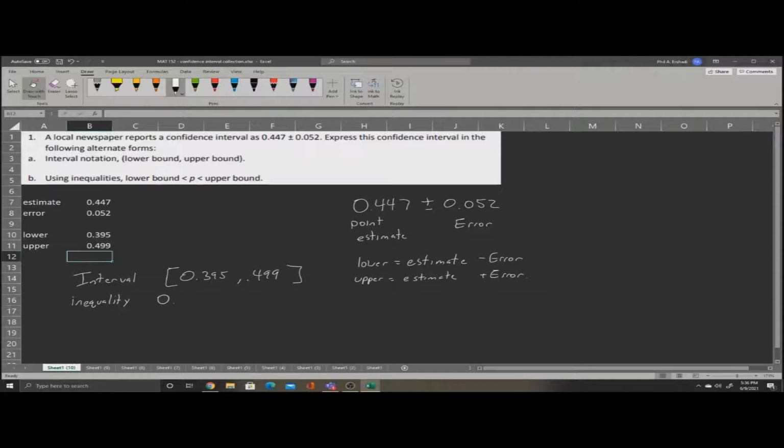So we write 0.395, a less than sign, the letter p which we were given, another less than sign, and then 0.499. It looks fairly similar to interval notation, only with a little bit more algebraic notation.